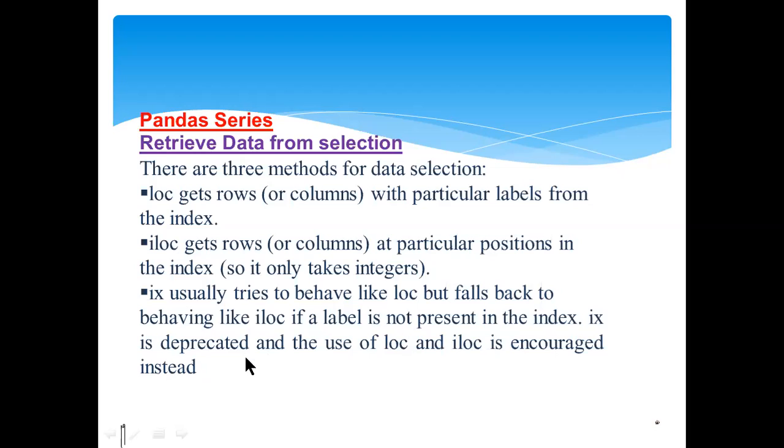If it is an integer, it takes an integer row or column and behaves like iloc. Otherwise, it usually tries to behave like loc, but falls back to behave like iloc.